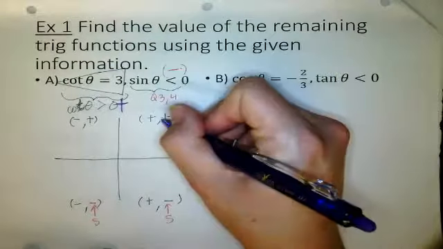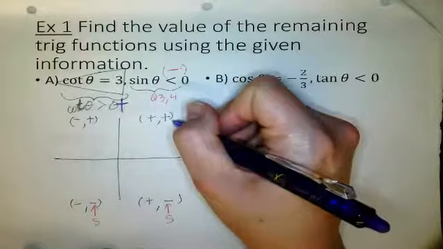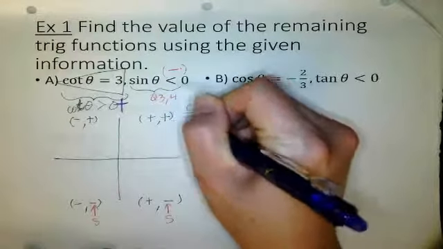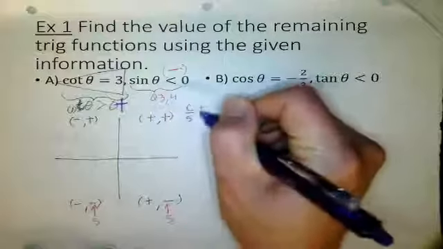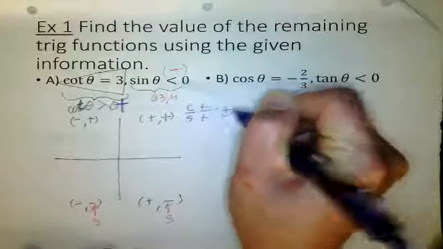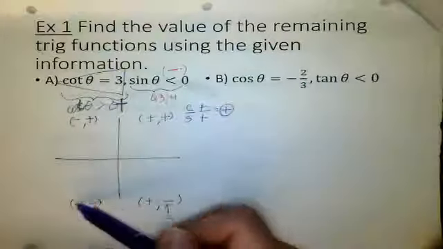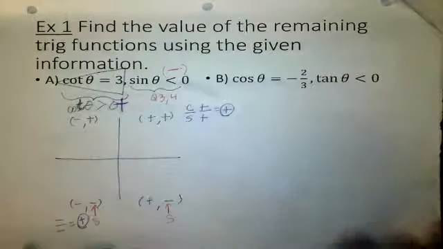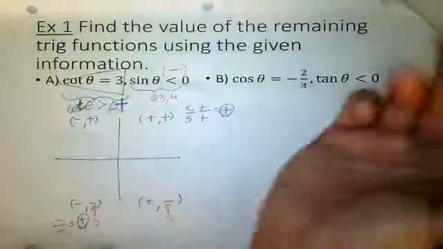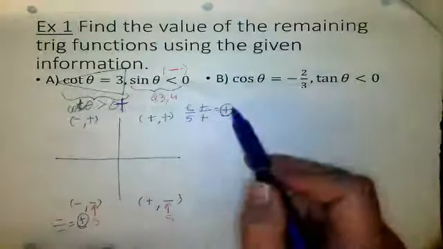Using ordered pairs, sine and cosine. Cosine over sine gives us cotangent. So this would be positive divided by positive, which is going to give us a positive result. Same thing here. Negative divided by negative is going to give us a positive result. So cotangent is positive in quadrants 1 and 3.